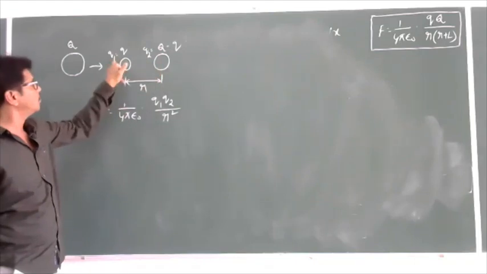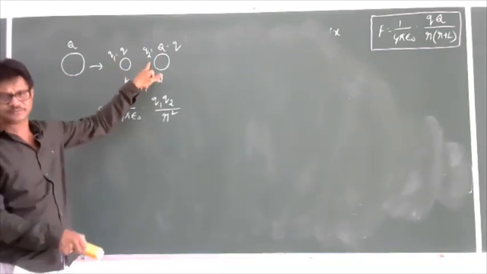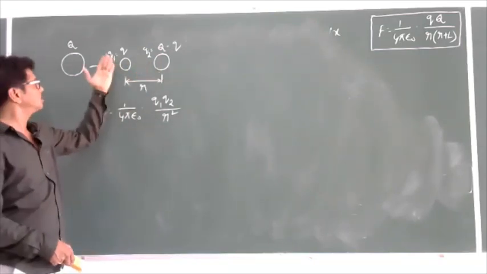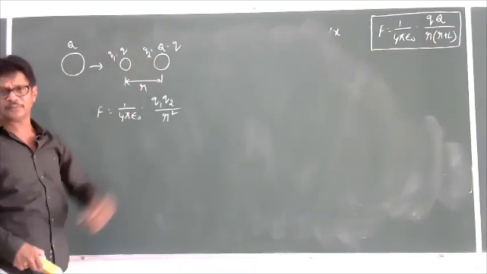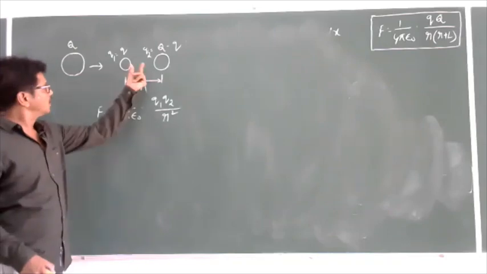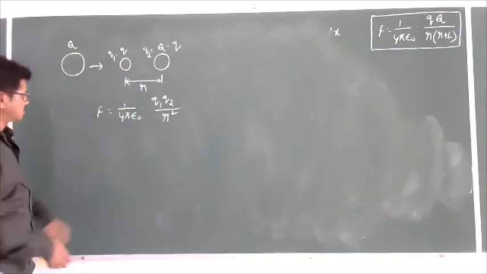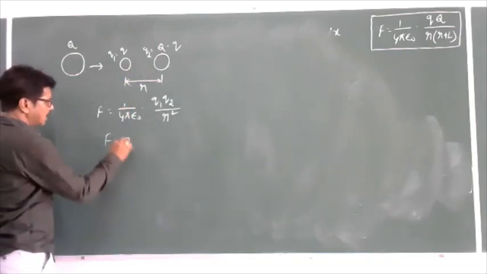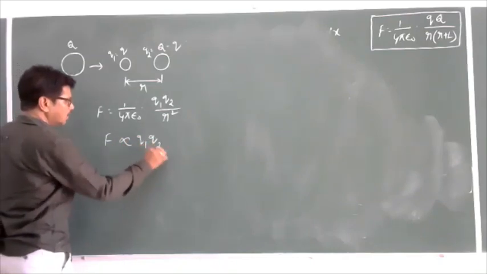Q1, Q2 values are not fixed here. We don't know how much Q1 value, we don't know how much Q2 value. Whereas we know that the distance is constant, and we know that the medium is constant. So F is directly proportional to Q1 Q2.